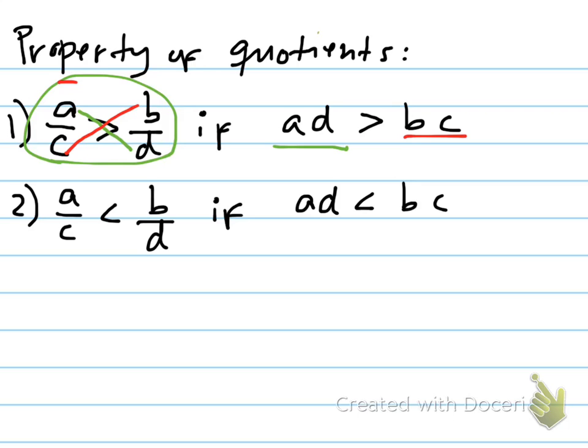So that's pretty cool. And the next one says the exact opposite. So if A times D is bigger than C times B, then the other one is bigger. Then that means that C over D is bigger.